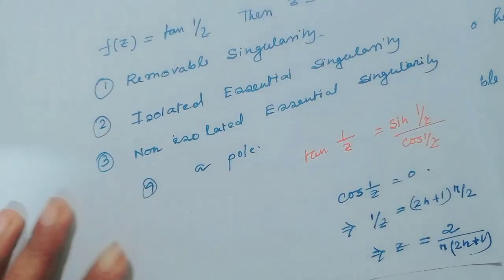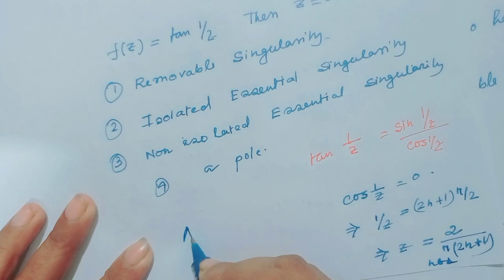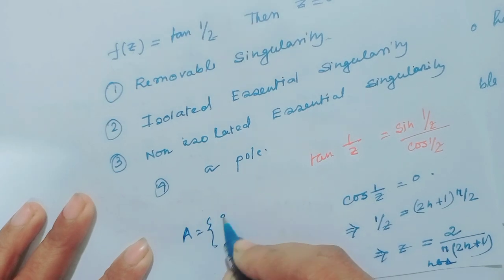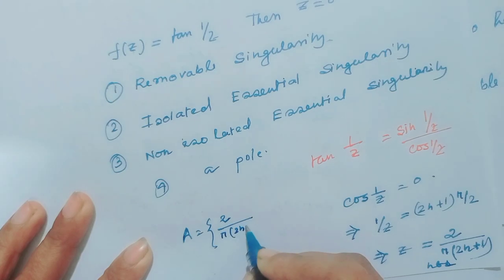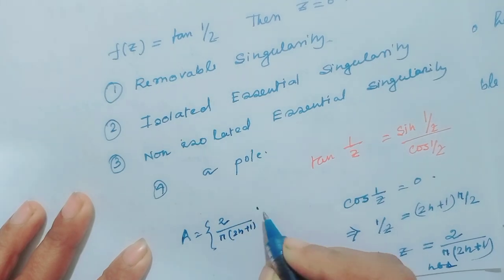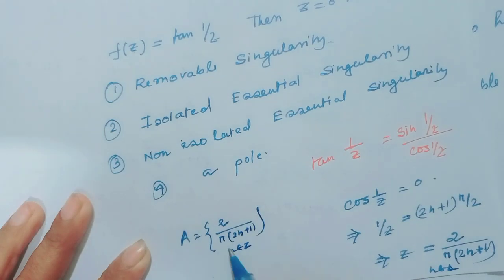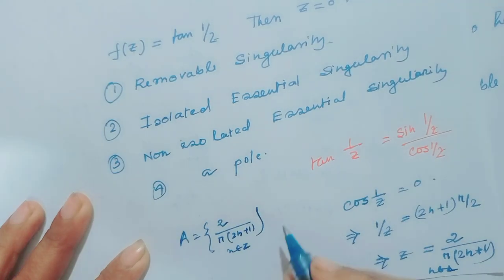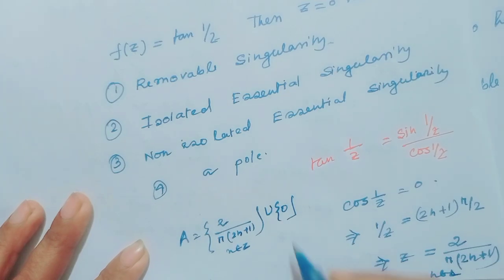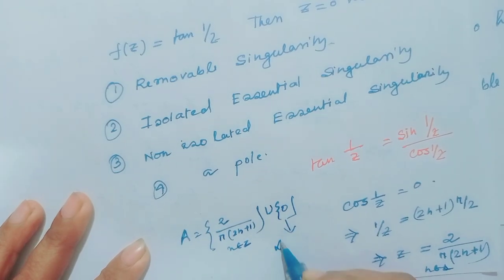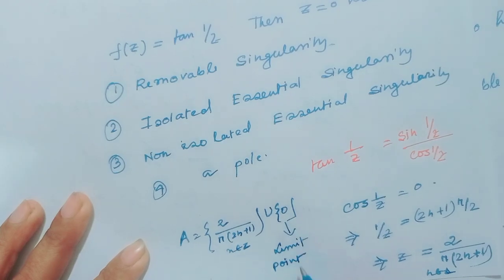That means the singularity set is A equal to 2 over pi times (2n plus 1), where n belongs to integers. And notice here the limit point of the singularities is 0. So 0 would also be included, and this is the limit point of the singularities.